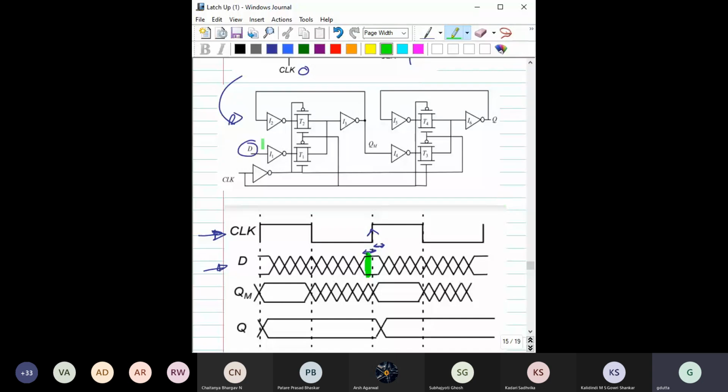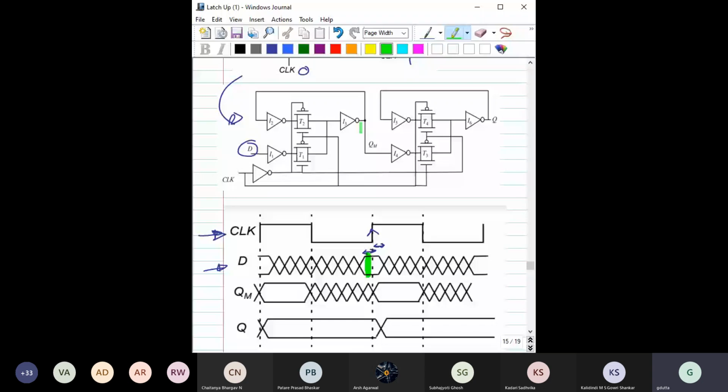In terms of this circuit, it will pass through which transistor, which inverter. Can you indicate that?